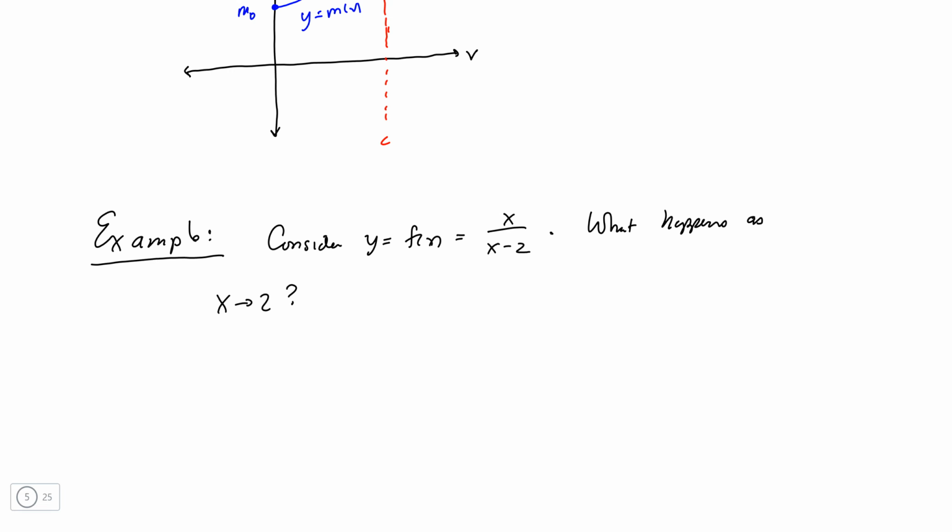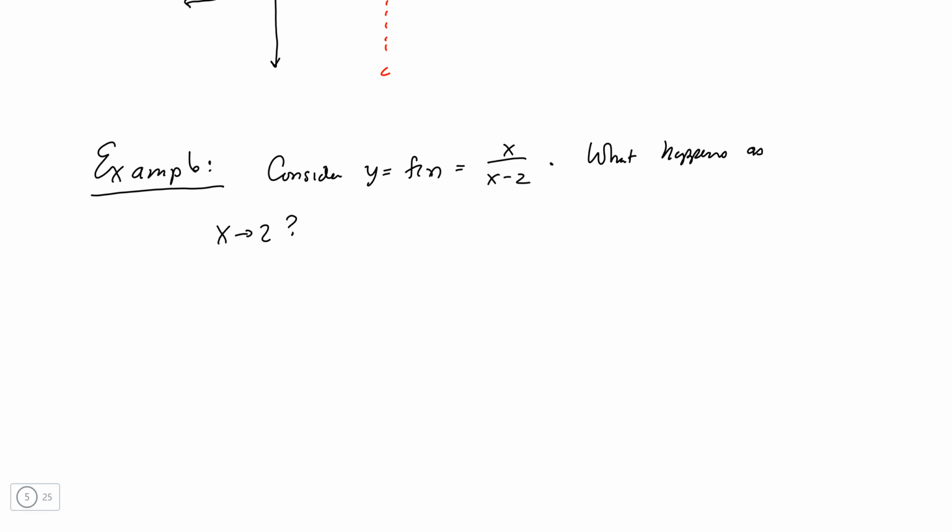We're going to have two things to look at, going from the right and from the left. So if x goes to 2, let's look at the top first. The top part just goes towards 2. Obviously, if x goes towards 2, x goes towards 2.